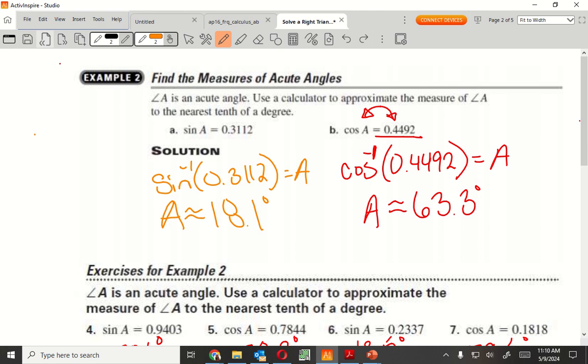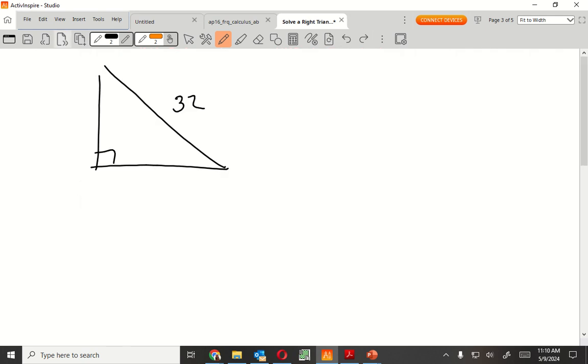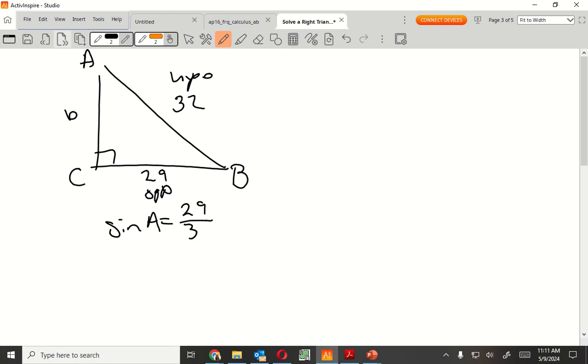What were the others? 29, B. Okay, so from here, this one was A. So from A, we would use opposite and the hypotenuse, which is going to be sine of A is 29 over 32. Now I'm going to do the arc sine.